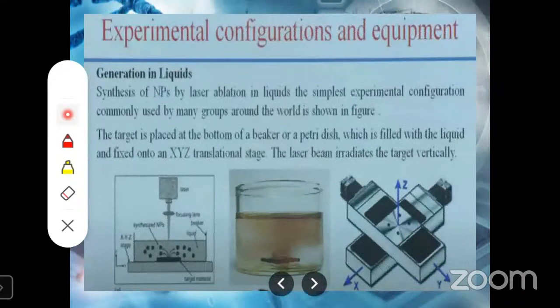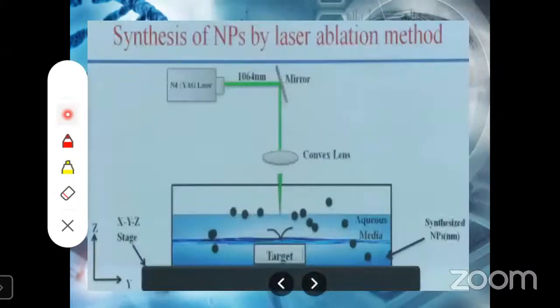Then this is the experimental setup of laser ablation. You can see here, laser ablation of nanoparticles in a liquid is one of the simplest experimental configurations. Here you are going to keep your metal slice.